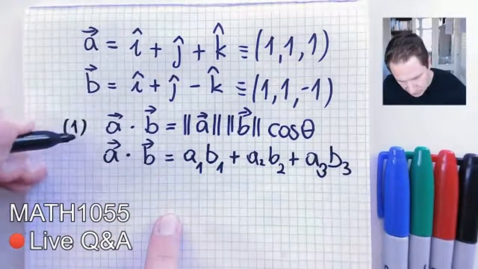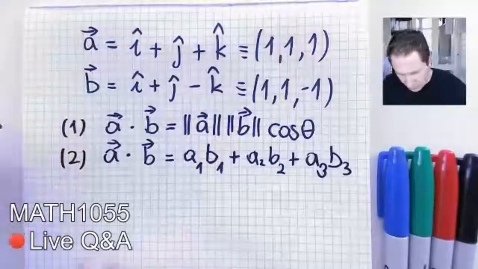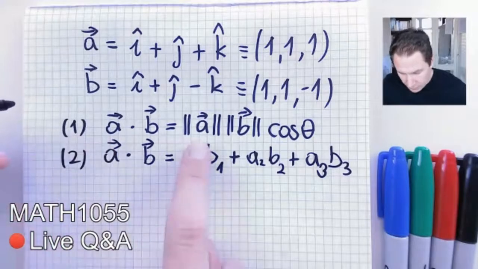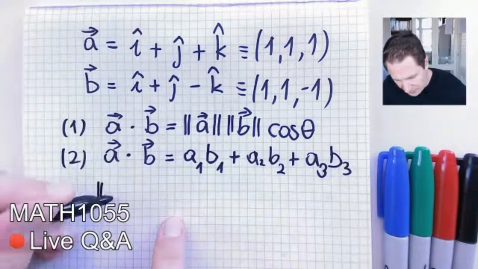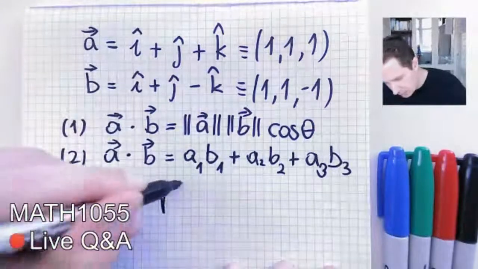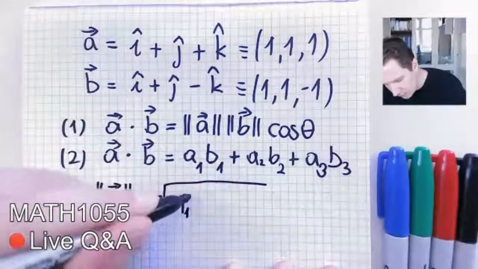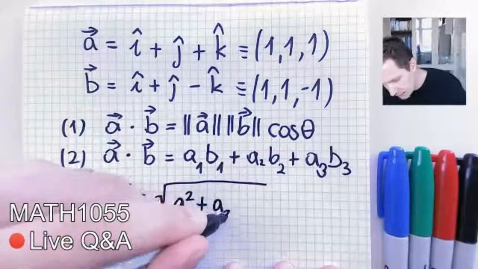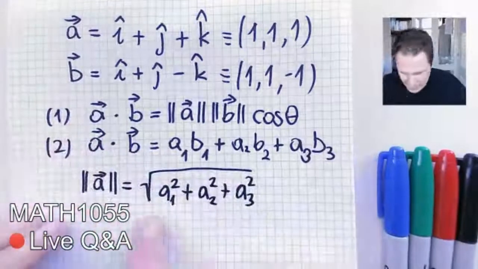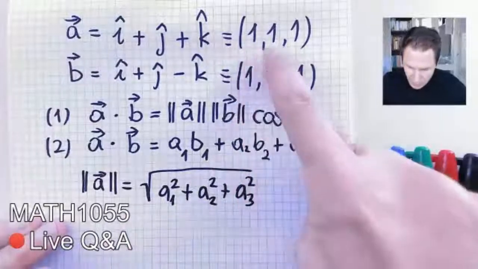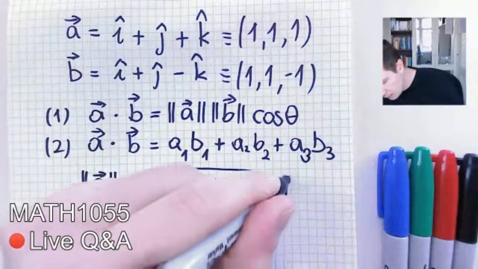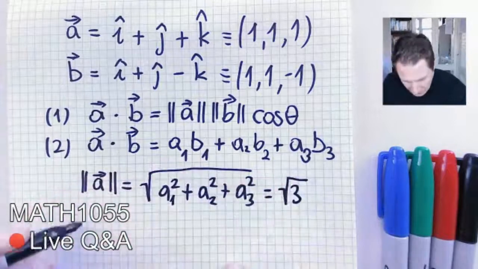So let me just number these as 1 and 2. If I want to use 1, I would have to calculate the length of these vectors. Remember, that's nothing but the square root of the squared sum of the coordinates. In the case of A, that's just 1 squared plus 1 squared plus 1 squared under the square root. So that's root 3.